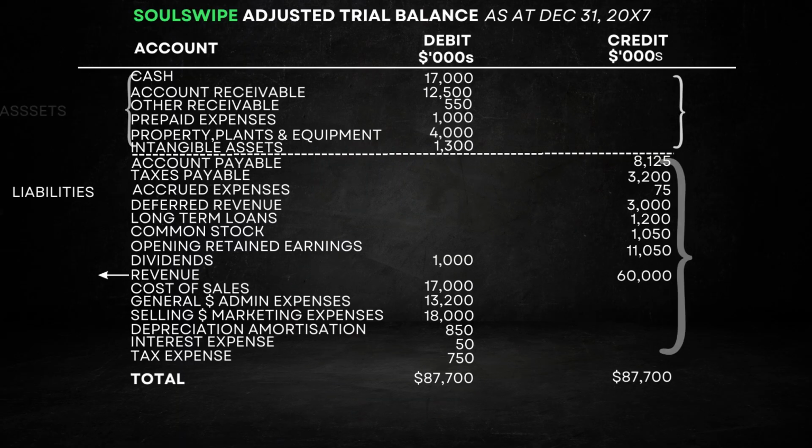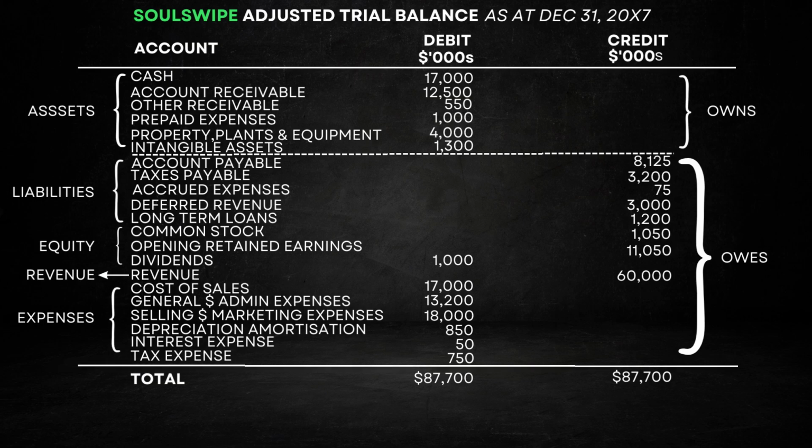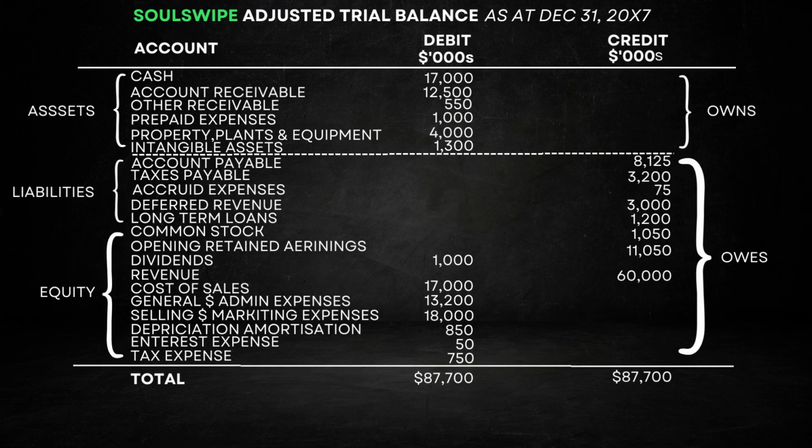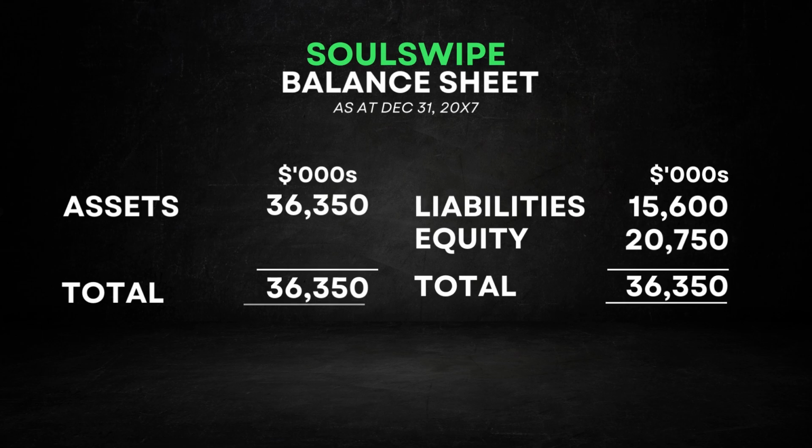We made a mistake by not including SoulSwipe's revenue and expenses, which are vital components of SoulSwipe's retained earnings. Retained earnings represent the profits held for future use and are part of the equity section on the balance sheet. Once we include the revenue and expenses, the total liabilities plus equity sum up to $36,350,000, ensuring that SoulSwipe's basic balance sheet is in balance.